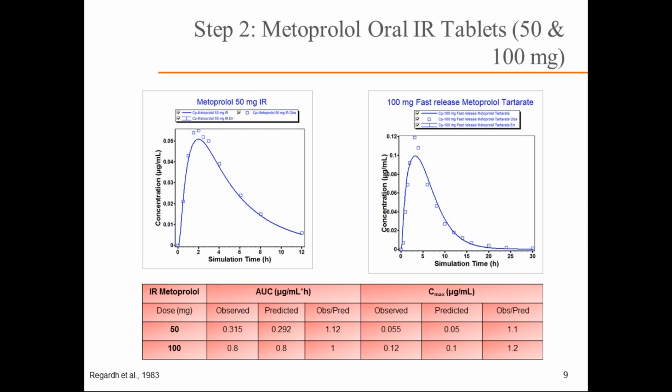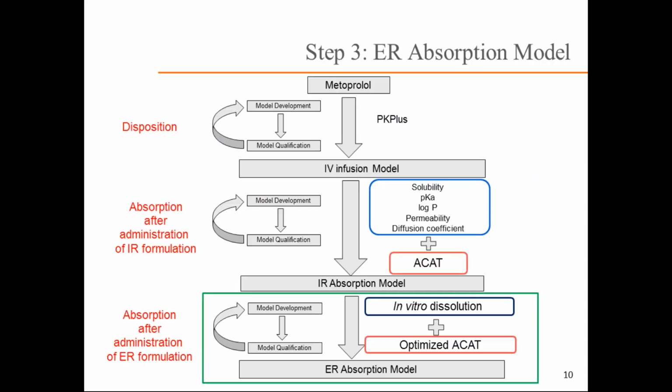So that gives us a feature of how the drug is absorbed in different segments of intestine. Basically, once we got the colonic ASF values, we integrated them with our ACAT model and optimized it, and then we developed our ER absorption model.